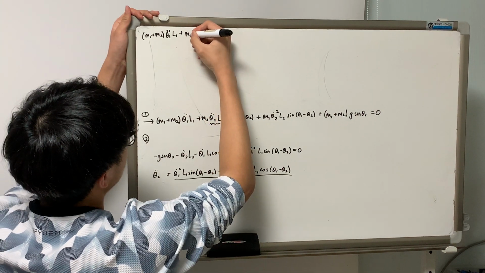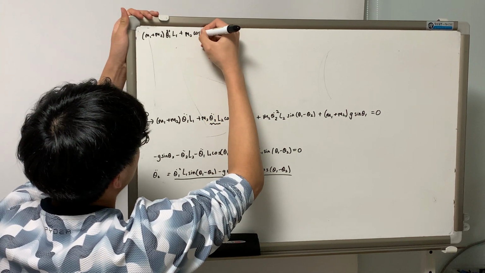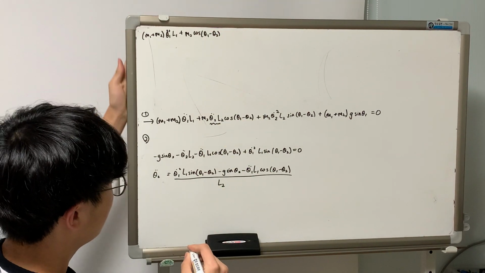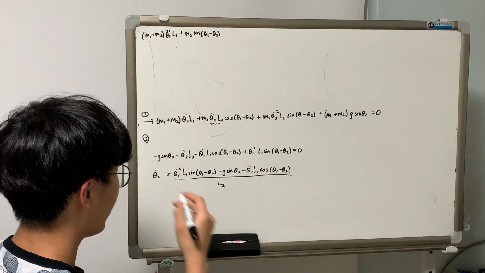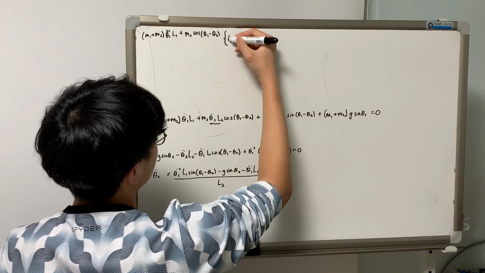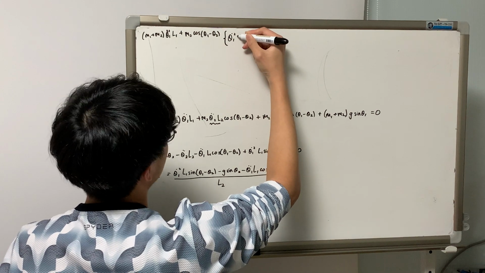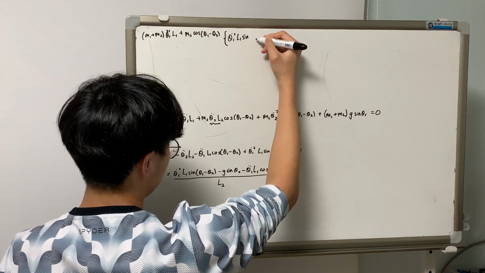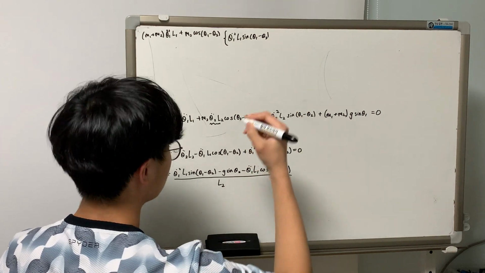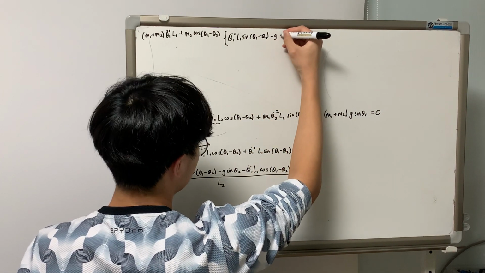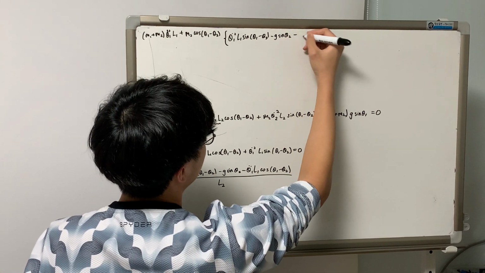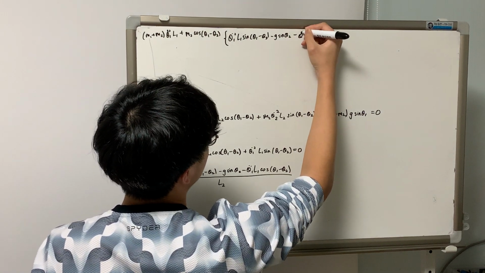We have M2 cosine of theta 1 minus theta 2, and we're going to multiply that value by our long numerator, which is theta 1 dot squared L1 sine of theta 1 minus theta 2, minus g sine theta 2.